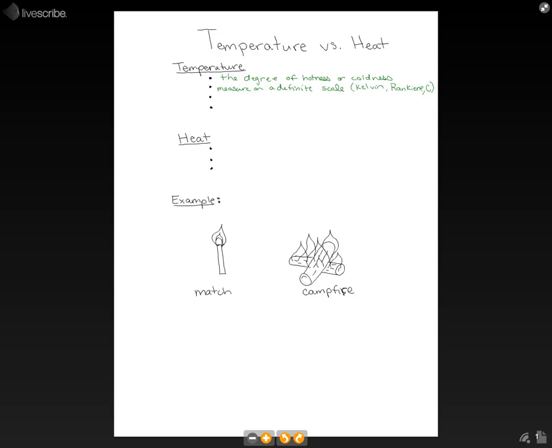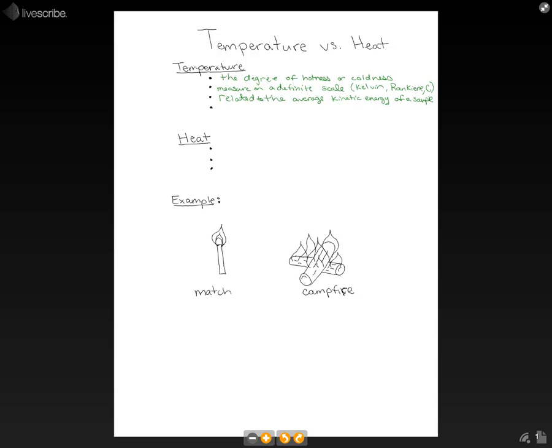And this temperature is related to the average kinetic energy of a sample. So it's related to that energy, but it isn't energy itself. It's just helping us understand it.